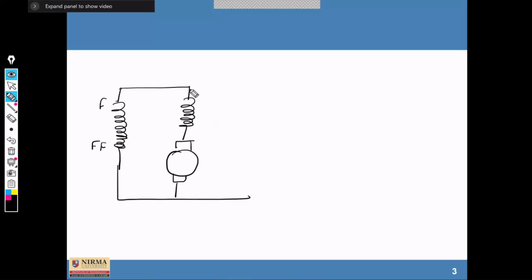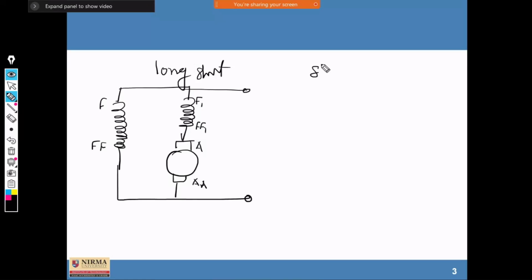So this is a long shunt generator. You can consider it as F1, F1, AA. So there are two different field windings. One is connected in series to achieve the characteristics of a series motor, and again it is connected in parallel to achieve the characteristics of a shunt motor. So this is a long shunt.